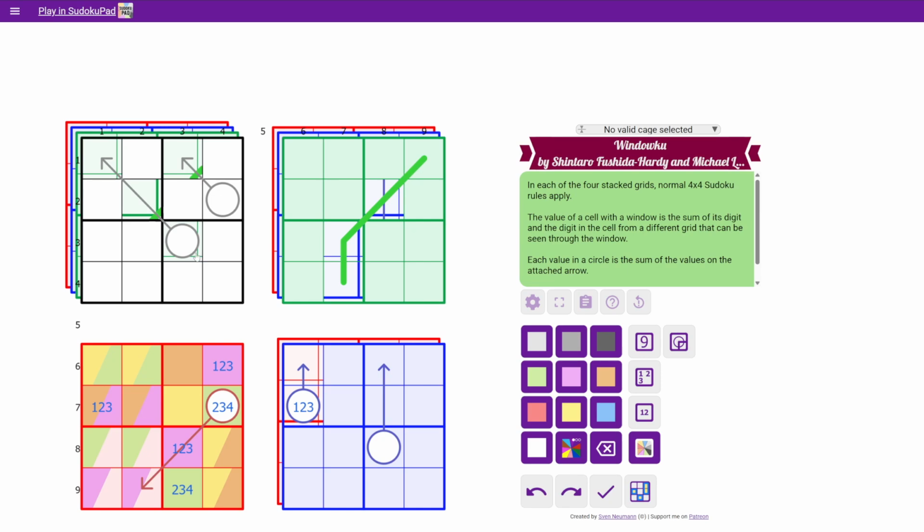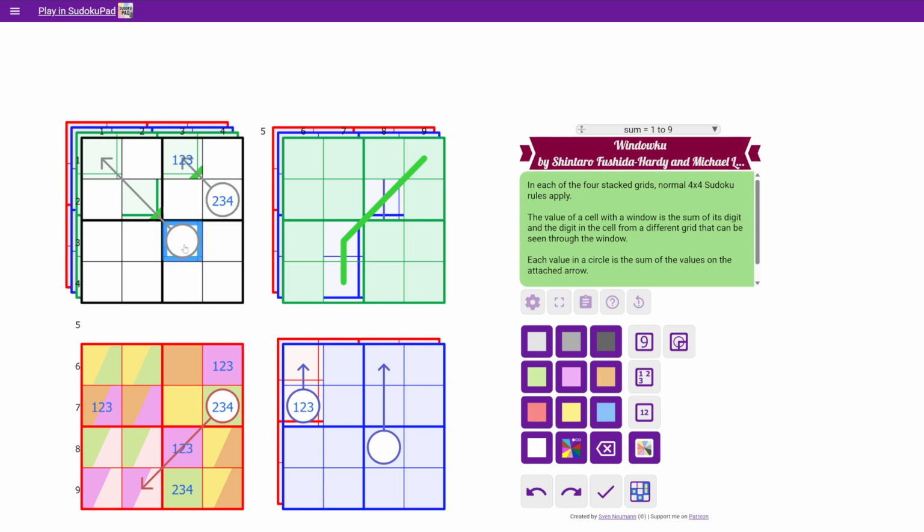Do I start from the top, maybe? This is going to be combined or added together with this. So it's going to be higher, so it can't be a 4. And then this will have to be at least a 2.